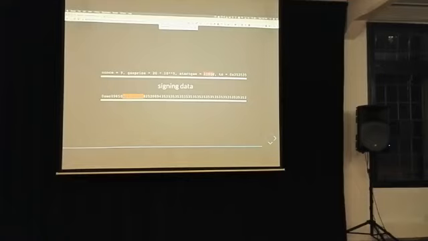Turning start gas to hex, that would probably be this. Turning the to address to hex, well, it already is in hex, so that's pretty easy. Turning 10 to the 18 to hex, that's going to be somewhere here. And finally, this is where it ends up. So 10 to the 18 would actually be somewhere around here, is my expectation.